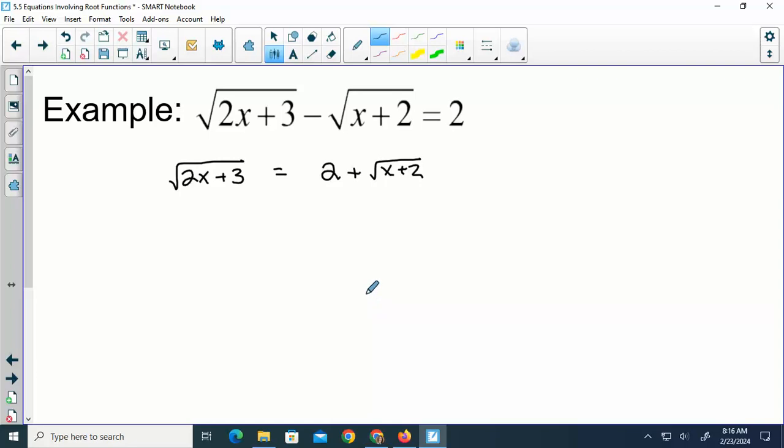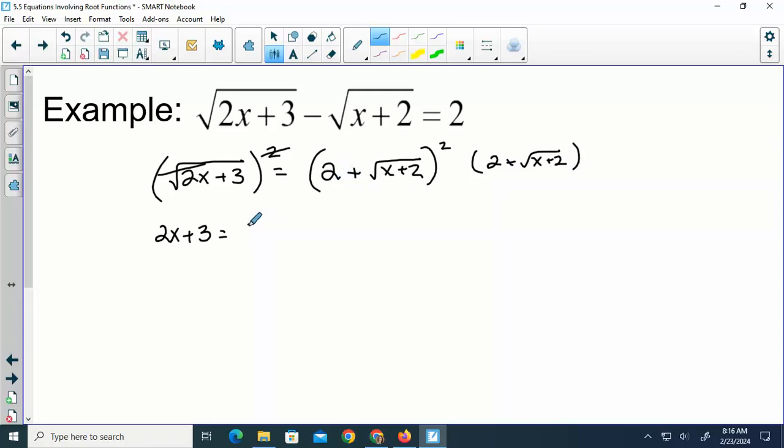So I'm going to add this over, and then we can square. So on the left, we cancel and we get 2x plus 3. On the right, to square, it means we have 2 of them. So 2 times 2 is 4.